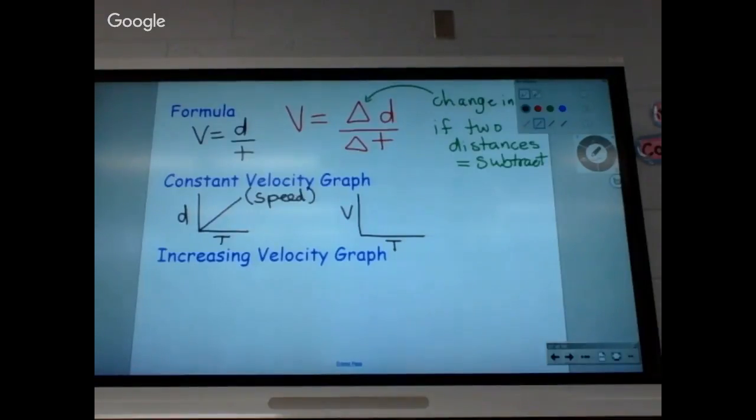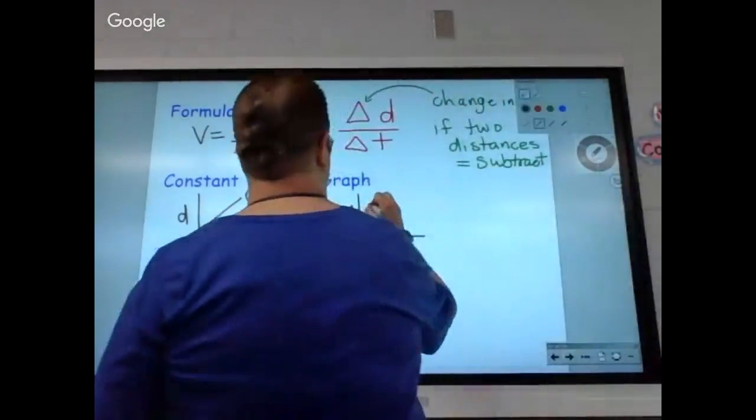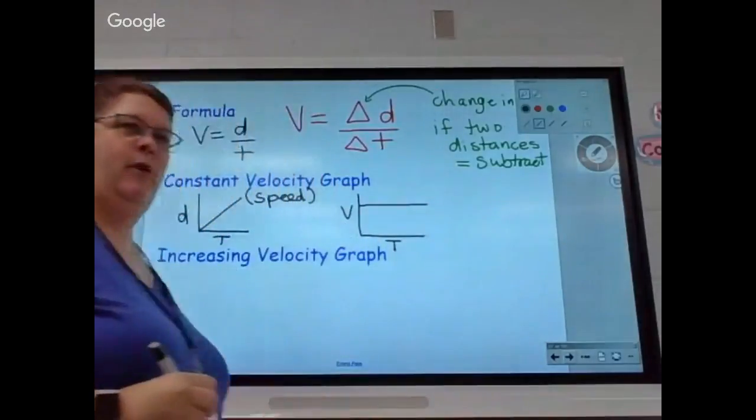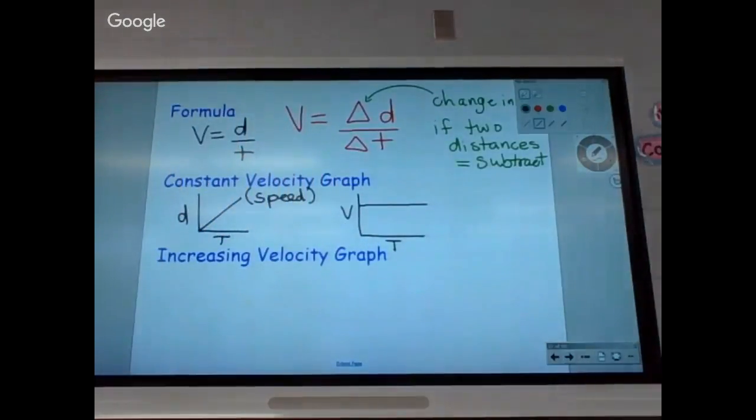What kind of straight line? Yes, exactly. That's fine, because you want it not to change. So that would be constant velocity.